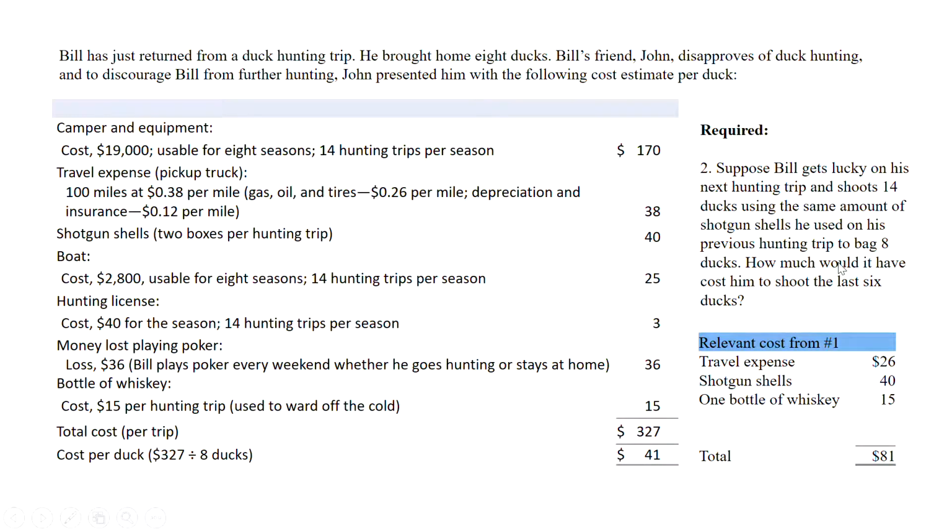If we're saying that he doesn't use additional shotgun shells irrespective of the number of ducks that he shoots, the cost, this isn't a cost per duck, this was a cost per trip. There's no additional cost. The total cost of the trip is still $81. Again, whether or not he does 8 ducks, 6 ducks, 14 ducks, or 20 ducks, that is the cost of a trip.